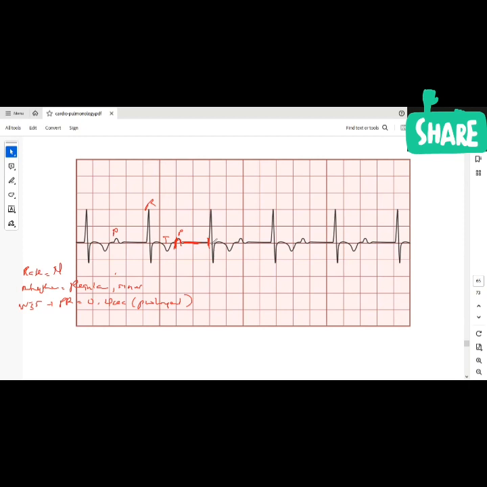If you look at the speed of conduction, the AV node has the slowest speed of conduction of all the conduction cells in the heart. It's going to slow down the action potential so much that the ventricle has time to fill before the action potential goes through to the ventricle. Does that make sense? Hence, the straight line here, the pause.